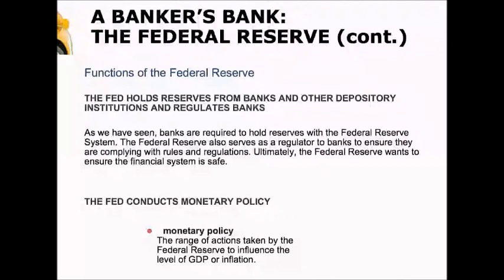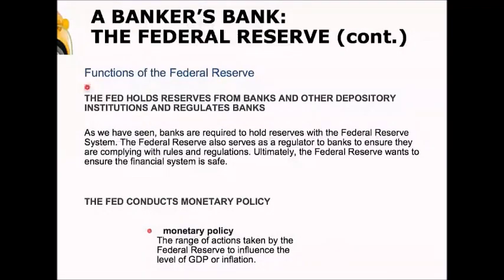It also, very importantly, holds deposits of member institutions and regulates banks. So your bank has a bank account, in essence. When you deposit money in a bank, some of that is held as reserves, and it gets put in the reserve account for that bank at the Federal Reserve.